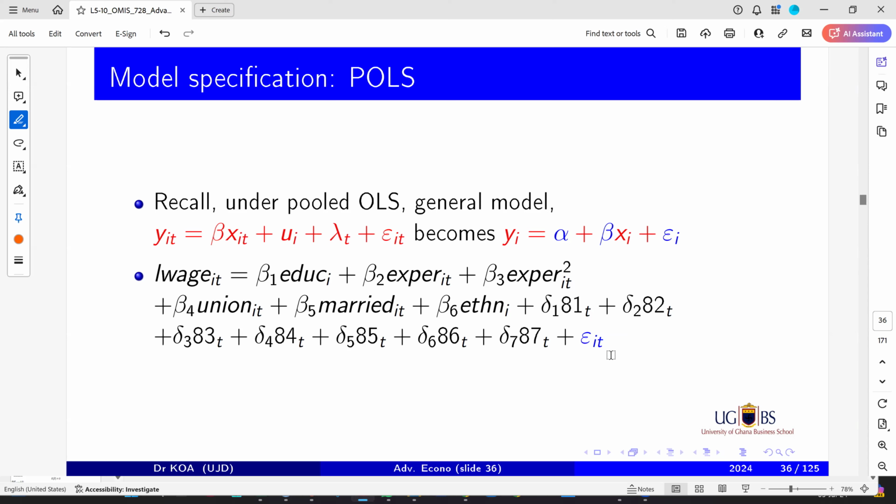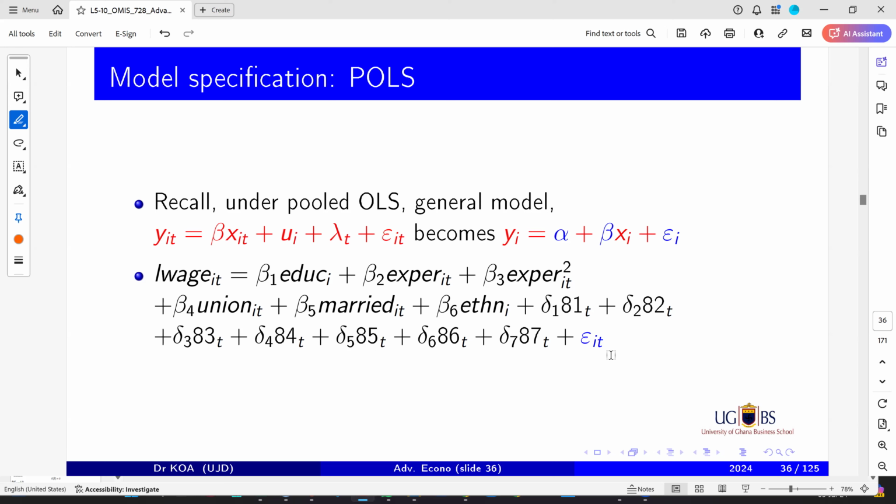This error term is not the composed error. Remember, this is normal OLS, and we are just calling it pooled. The only reason why we are calling it pooled is that we are ignoring the time. So if a young man in 1980 and that same young man in 1987, we are considering them as different young people.